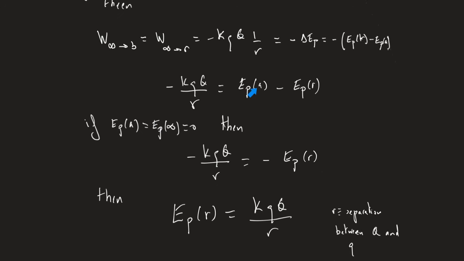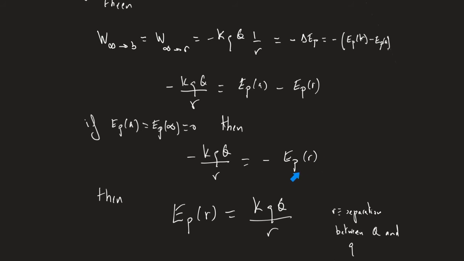We take Ep initial, the initial point at infinity, as the reference point where we measure the potential, and we say that the potential at this point is 0. So this would be a 0, and the equation that we will have is minus kQq divided by r equals minus Ep at the point r, at the final point.